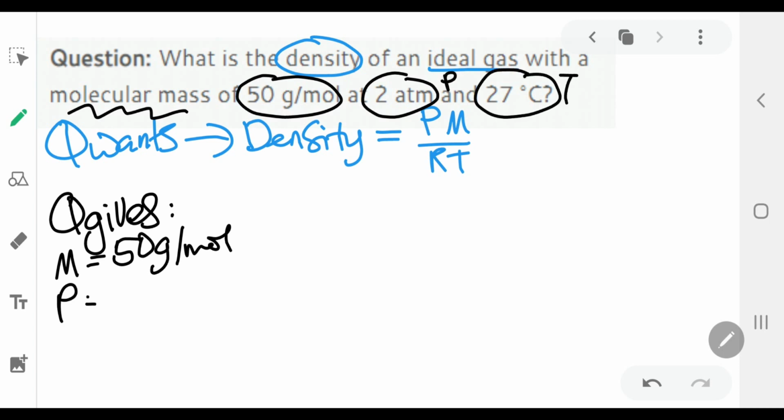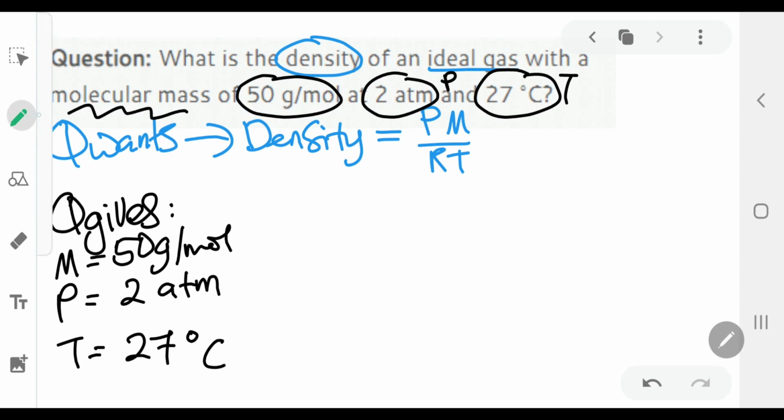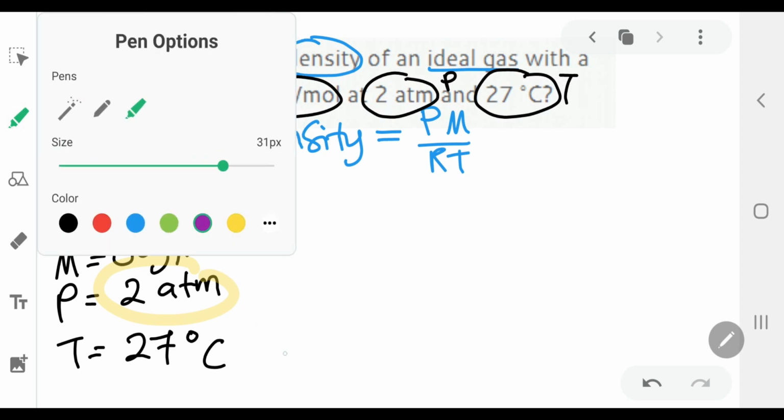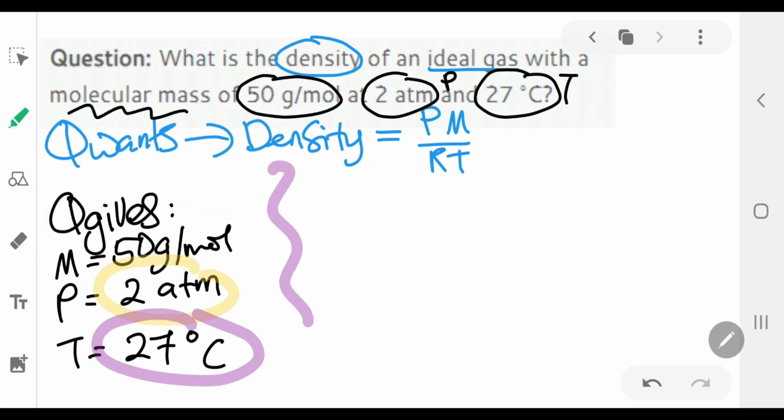We have pressure equals to 2 atm and temperature equals to 27 degrees Celsius. It seems like we have enough information, and if you look at your pressure, it's already in atmospheric pressure, so you don't have to convert that. The only thing that you need to convert is this. Okay, so we're going to do that now.